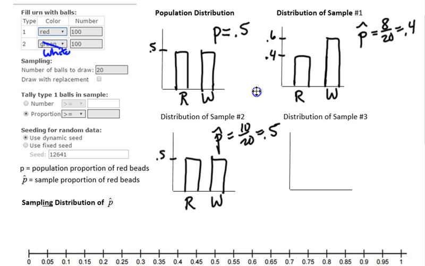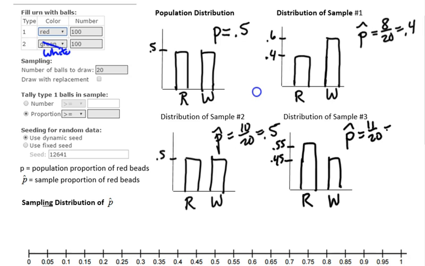My third sample had 11 red and 9 white. So 0.55 red, 0.45 white. So this is the distribution of my third sample. P hat here was 11 over 20 or 0.55.